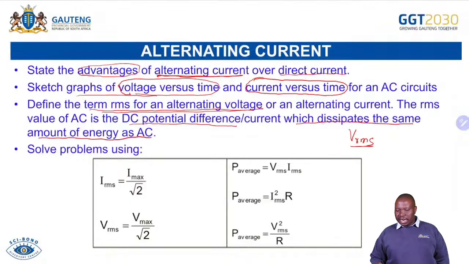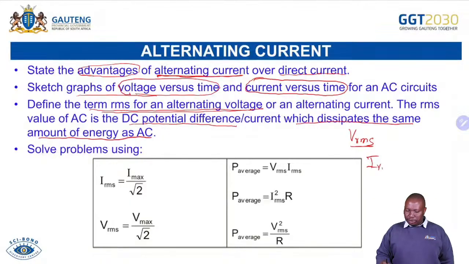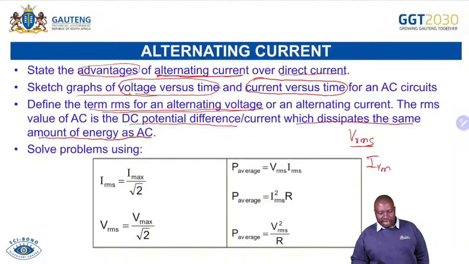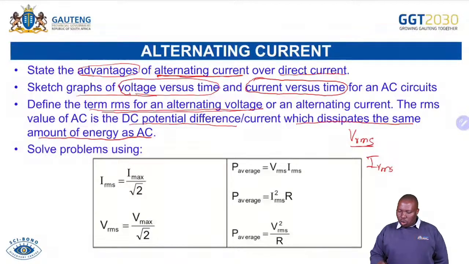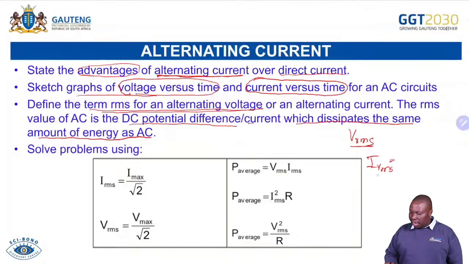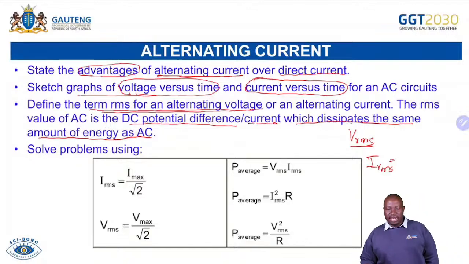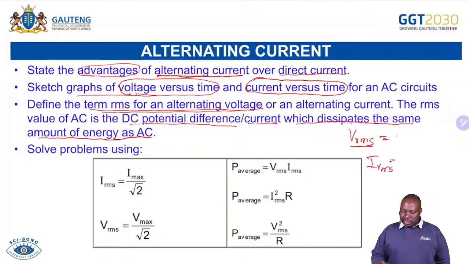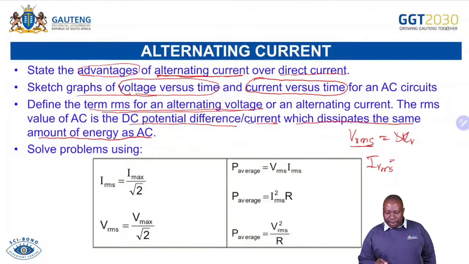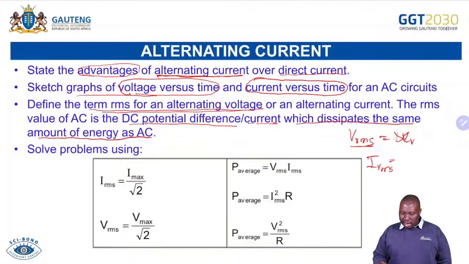Even the same with the current, we'll call it IRMS, which is the RMS for our current. The IRMS value is the RMS value of AC current. The current IRMS is the DC current that dissipates the same amount of energy as AC. So this one was saying the DC potential difference dissipates the same amount of energy as our AC potential difference.